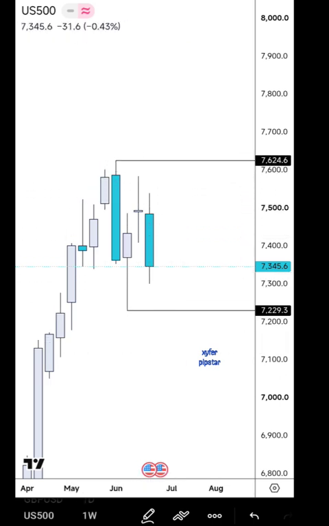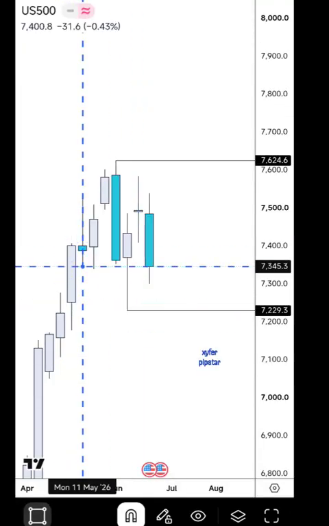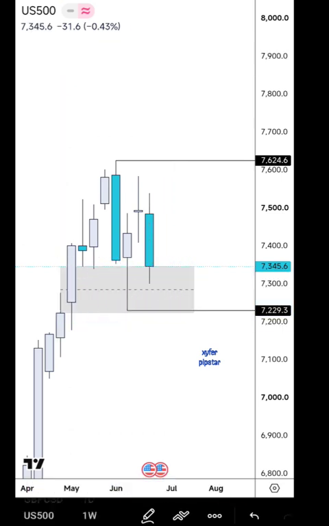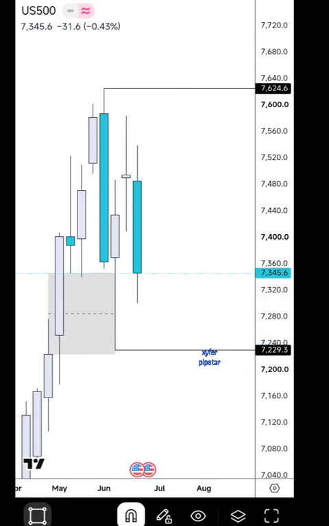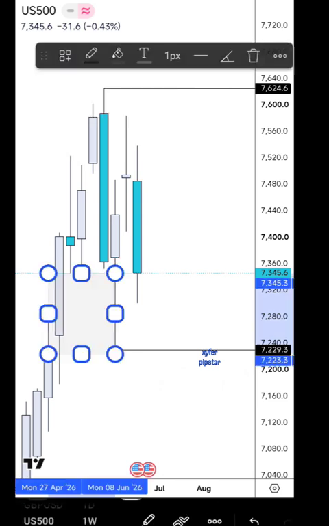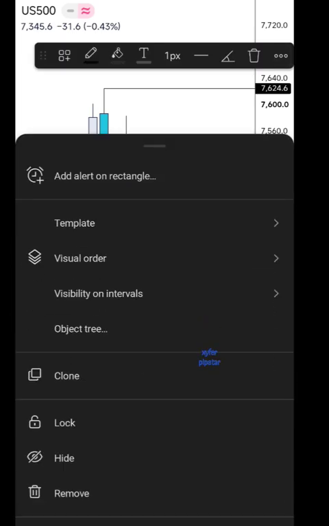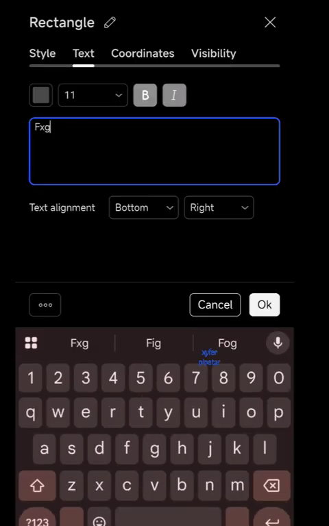And below here, look at this. We have this new week opening gap and we have this fair value gap. When there are two of them, you treat them as one. FVG.